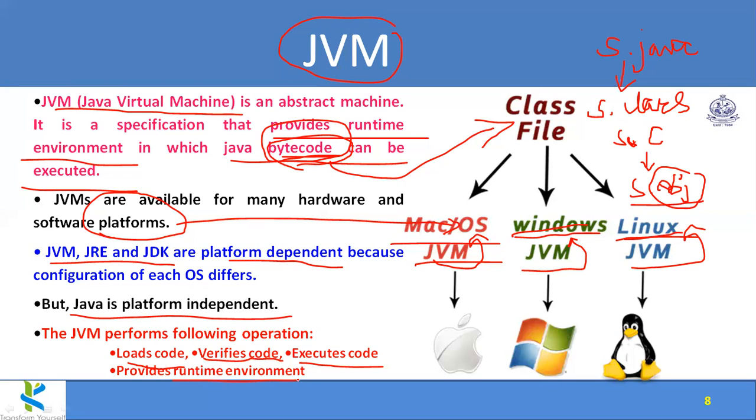When I close the program, that memory is released. That's all. The program is stored on our hard disk, and when I open and run it, the JVM is activated and takes one runtime environment to store these values. When I close the complete program, it erases them and releases the memory. So this is how it happens.